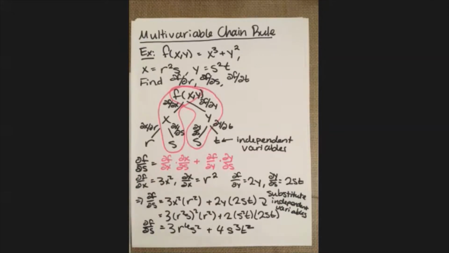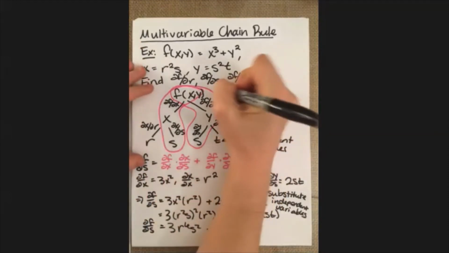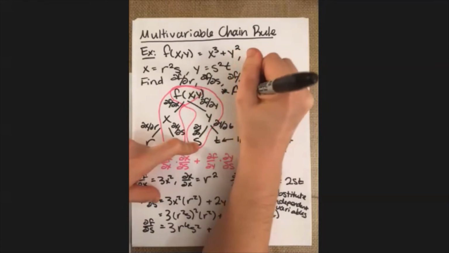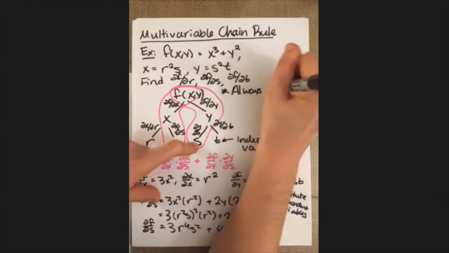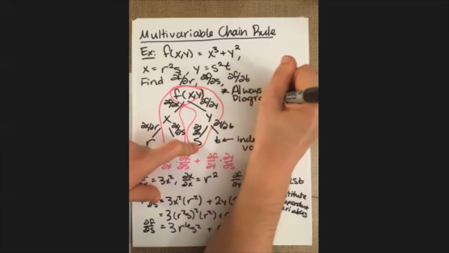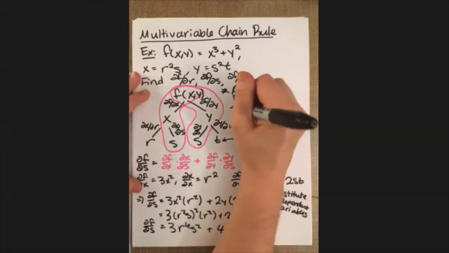So just to kind of recap what we've done here, we wrote this tree out and we went down and you always want to make sure you draw this tree. Anything that was on the same path got multiplied together.